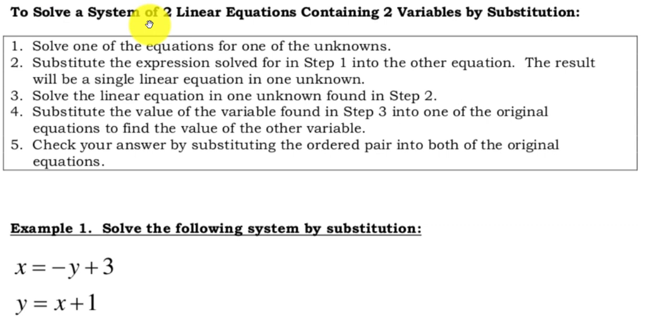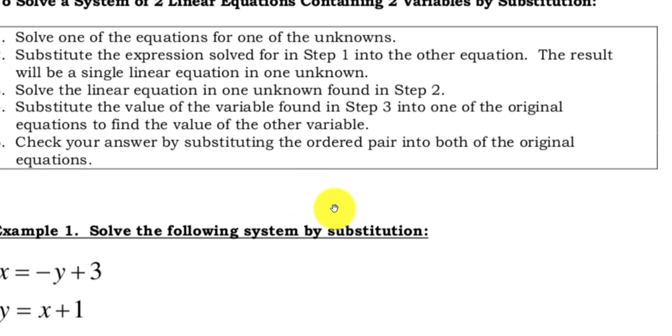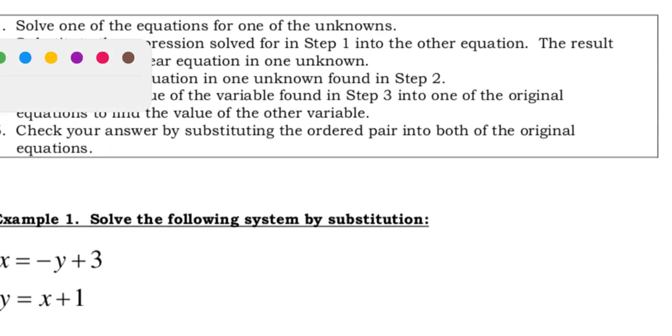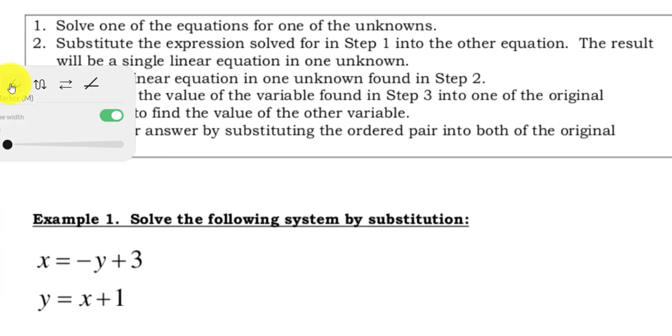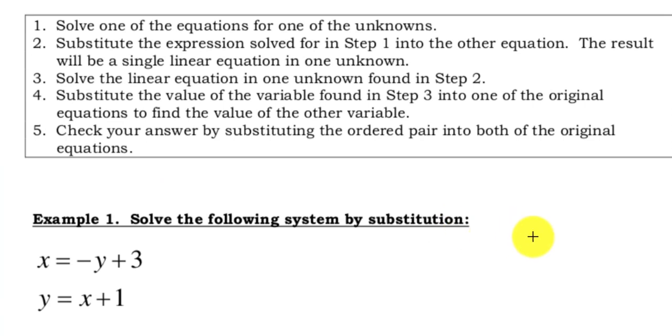To solve a system of 2 linear equations containing 2 variables by substitution: 1, solve one of the equations for one of the unknowns. 2, substitute the expression solved for in step 1. 3, solve the linear equation. 4, substitute again. 5, check your answer. Maybe you want to take a screenshot of this, or jot this down, or take a picture with your phone. These are good steps to think about.